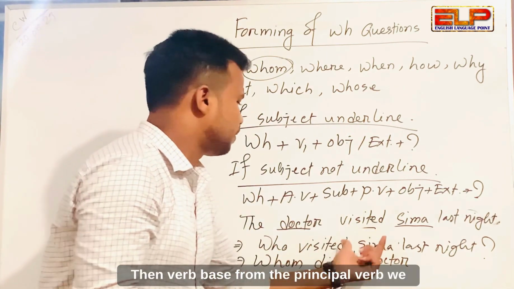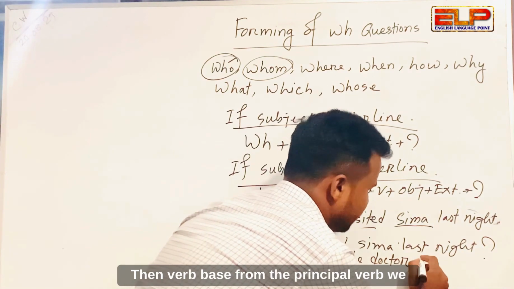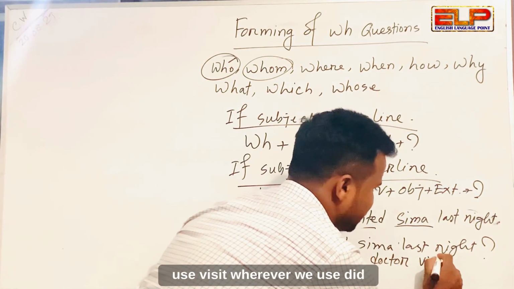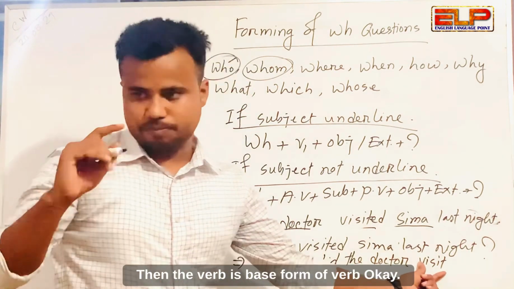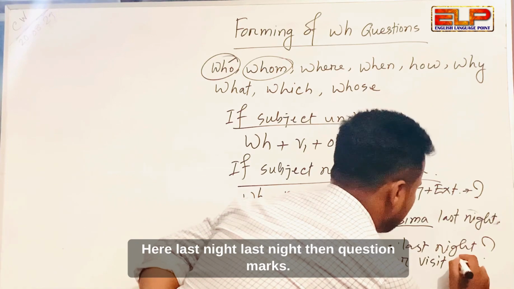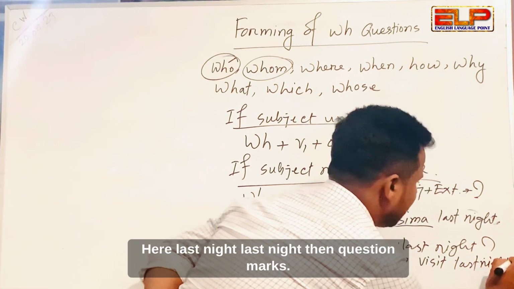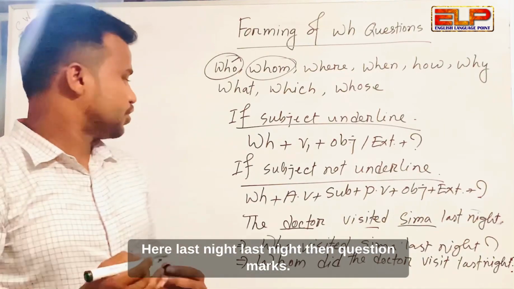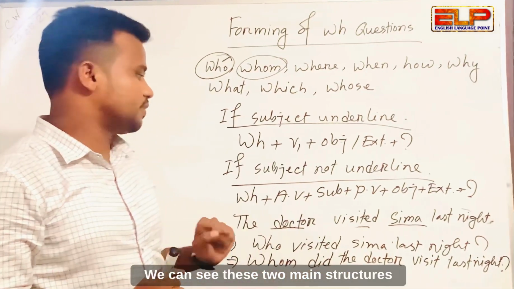Then the principal verb: here we have visited, but we use visit, because whenever we use did, the verb is in base form. Okay? Then last night, then the question mark.